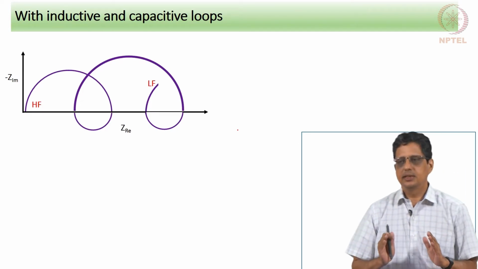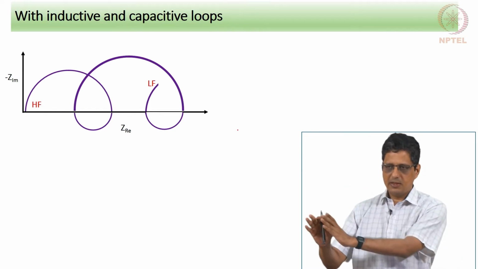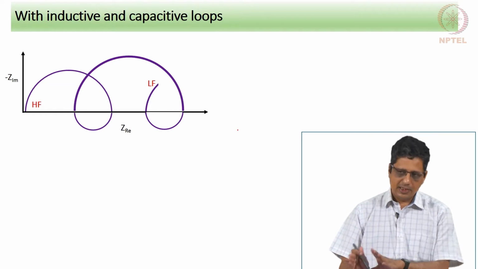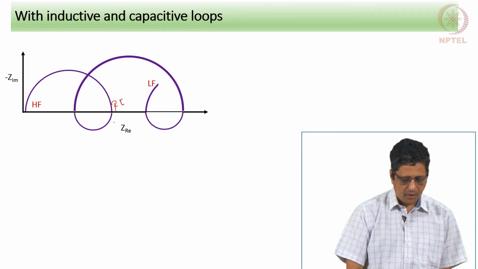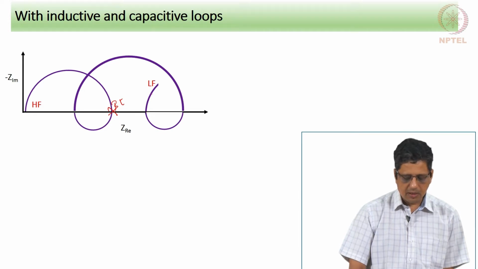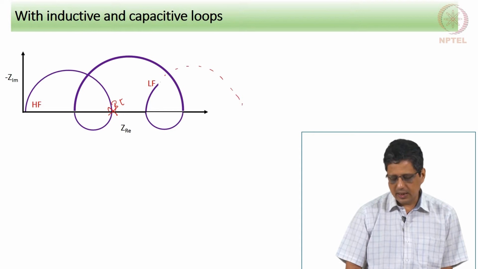This is a staggering of capacitive loop followed by inductive loop, followed by capacitive loop, followed by inductive loop, followed by capacitive loop again. So, this point here is RT, 1 adsorbed intermediate, 2 adsorbed intermediates, 3 adsorbed intermediates, 4 adsorbed intermediates. This presumably will extend here and settle here at RP.